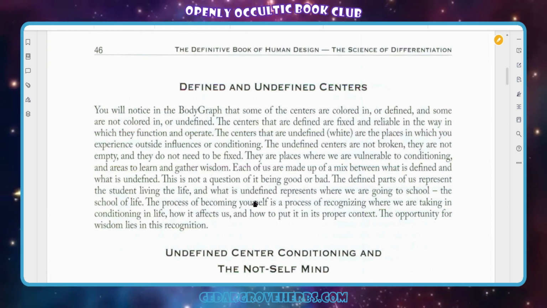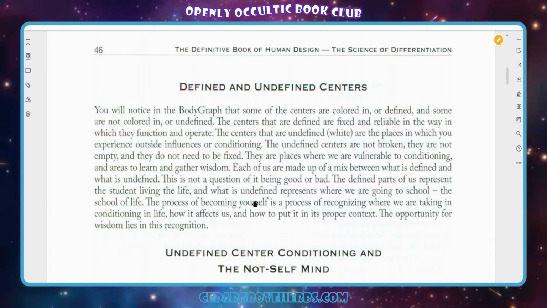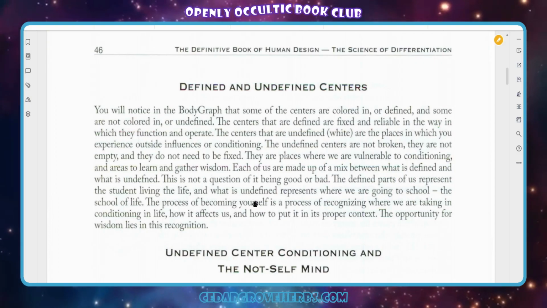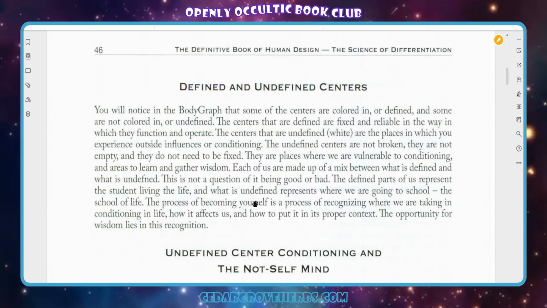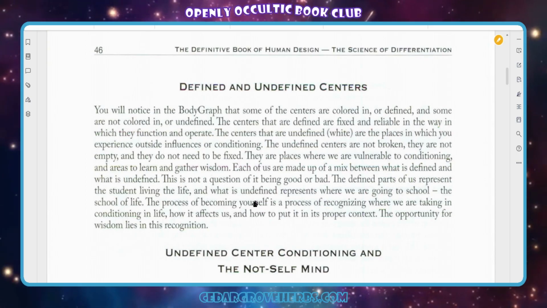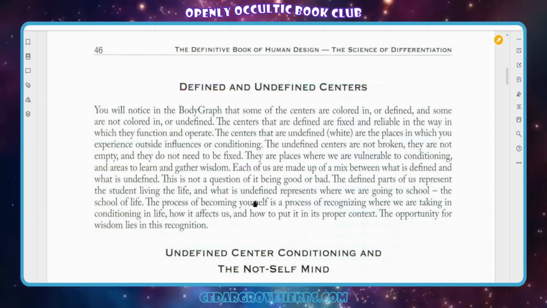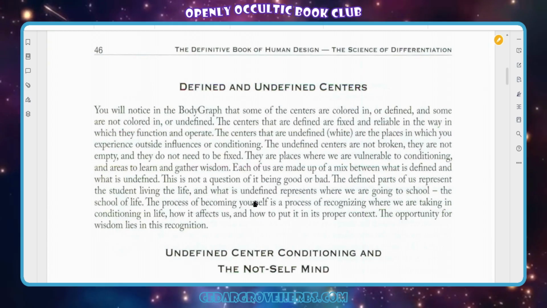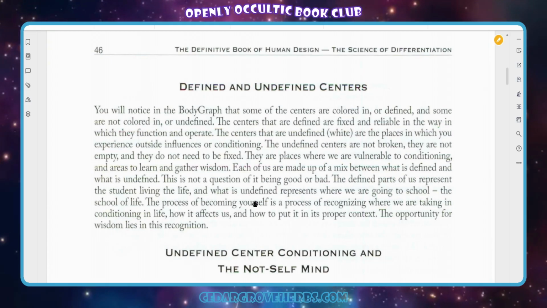These are the places in which you experience outside influences or conditioning, programming, if you will. The undefined centers are not broken, they're not empty, and they do not need to be fixed. There are places where we're vulnerable to conditioning and areas to learn and gather wisdom.